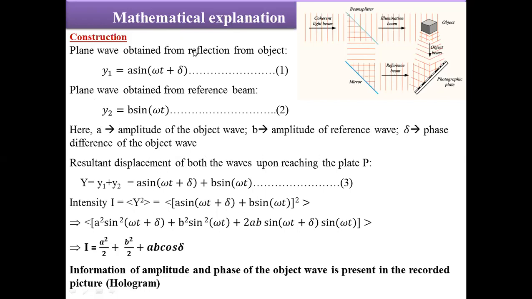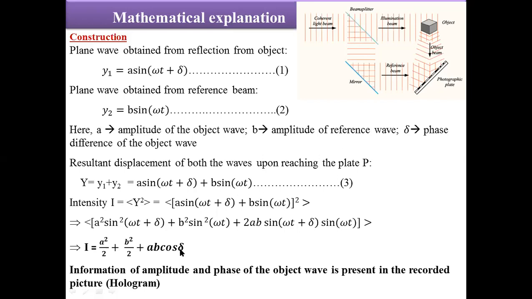The resultant is the sum of these two individual plane wave displacements, so the total displacement will be a sin(omega t plus delta) plus b sin(omega t). Intensity is the average square of the amplitude. After solving, we get a square by 2 plus b square by 2 plus ab cos delta.